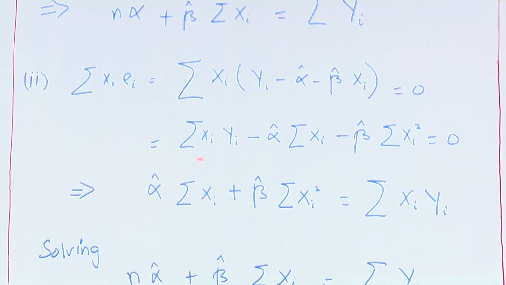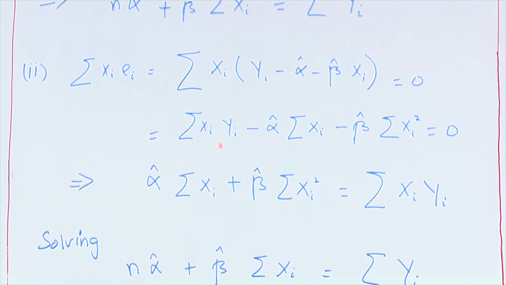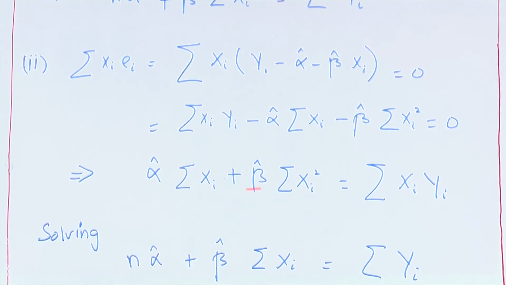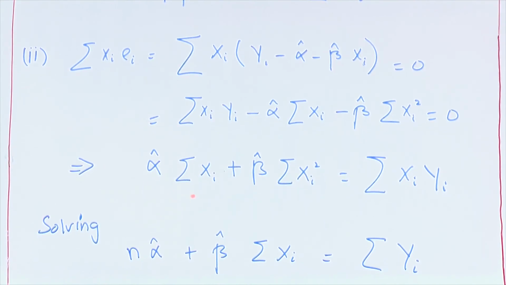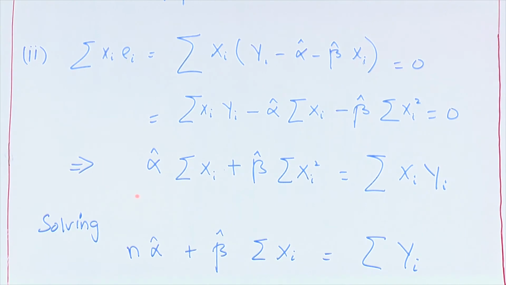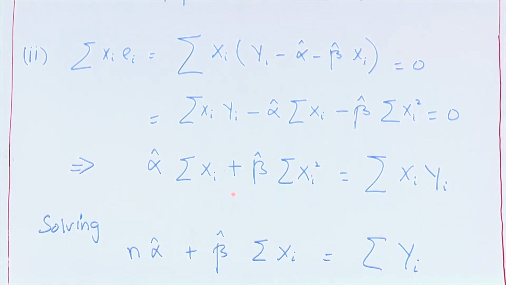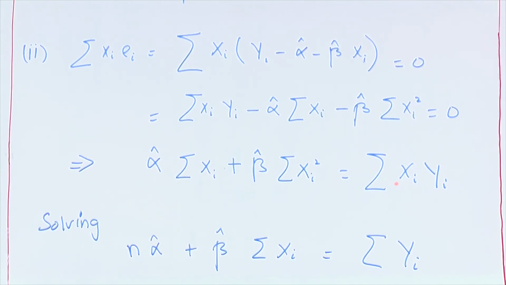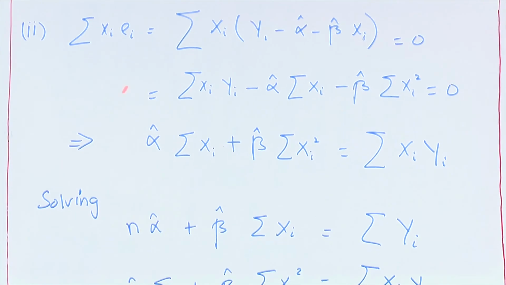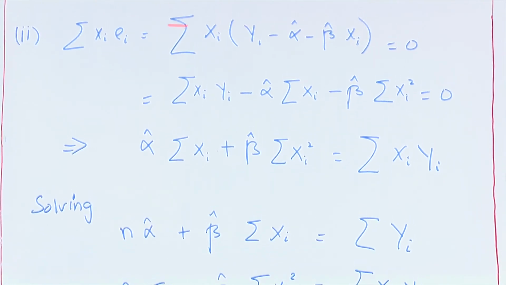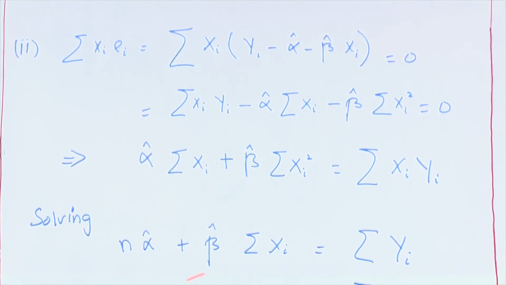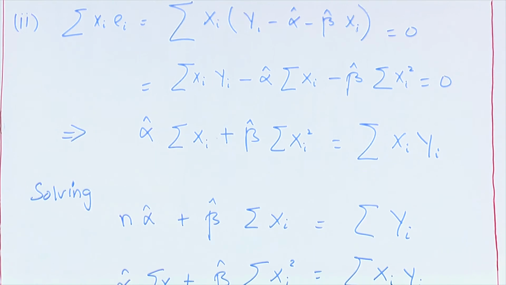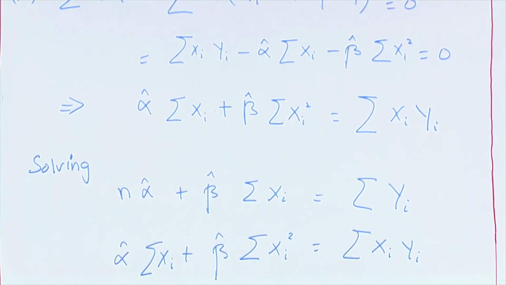Now, we are rewriting the equation in terms of alpha hat and beta hat: alpha hat sigma xi plus beta hat sigma xi square equal to sigma xi yi. Now, we take these two equations, the first one and the second one, and we have to solve them for alpha hat and beta hat.